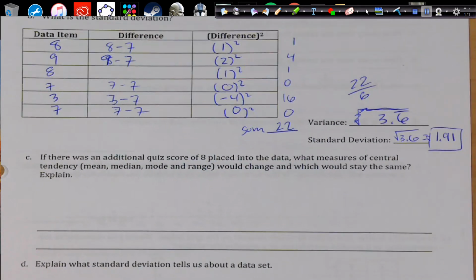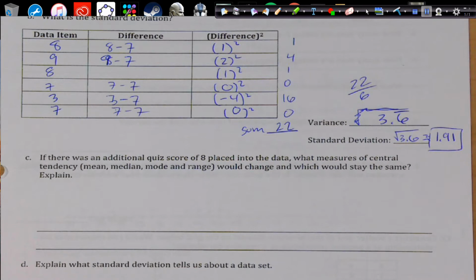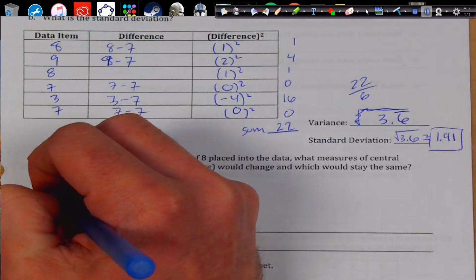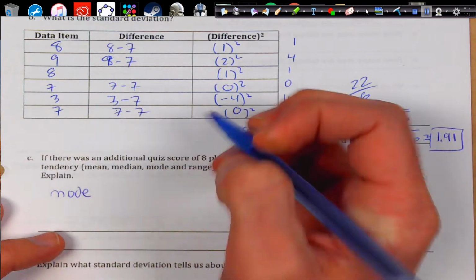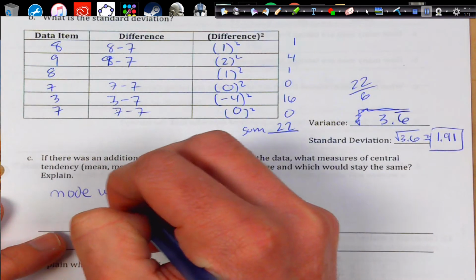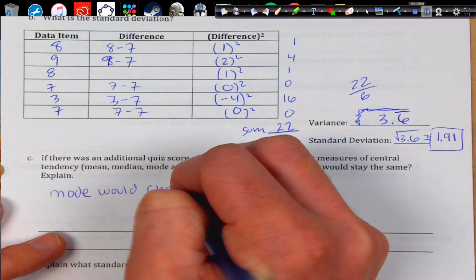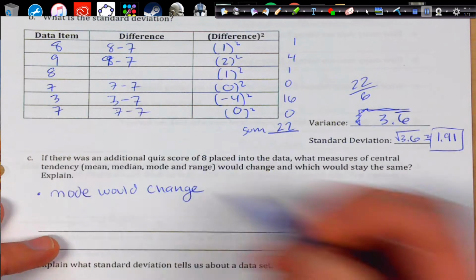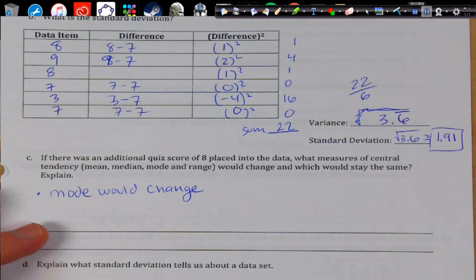If there was an additional quiz score of 8 placed in the data, what measure of central tendency, mean, median, mode, and range, would change, and which would stay the same? Okay, well, first of all, mode would change, right? Mode would become 8 for sure, because we'd have three 8 values.